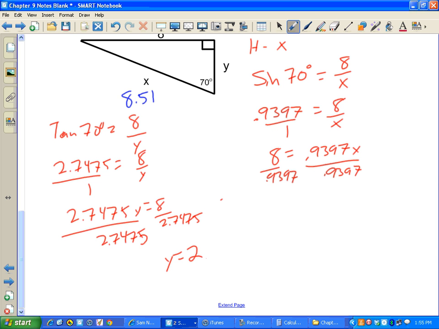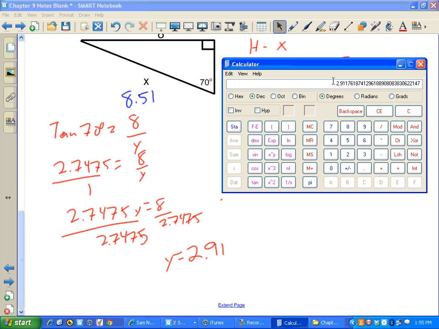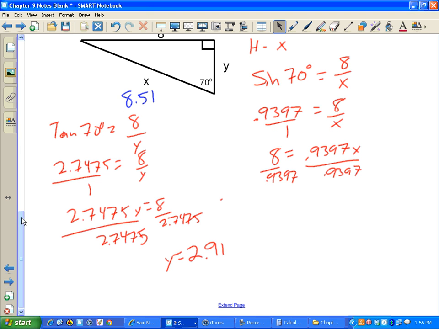Usually 2 decimals should be good for the final answer, but when you're typing them, it's best to have the actual number. That's why I'm typing 8 divided by the tangent of 70 equals. So I don't want to type in 2.7475 because that's rounding. So you get 2.91, that's what y is.